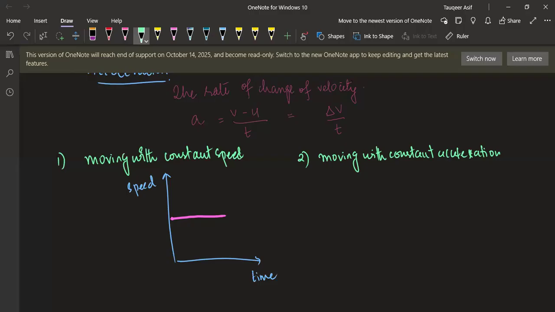If the body is moving with the same speed, is it accelerating? No. Then it's a constant acceleration, and we have to draw a speed time graph for the constant acceleration. Think about it.